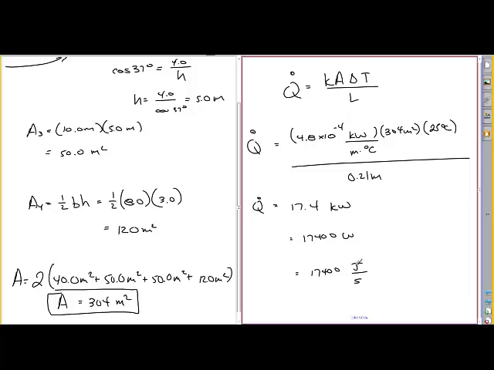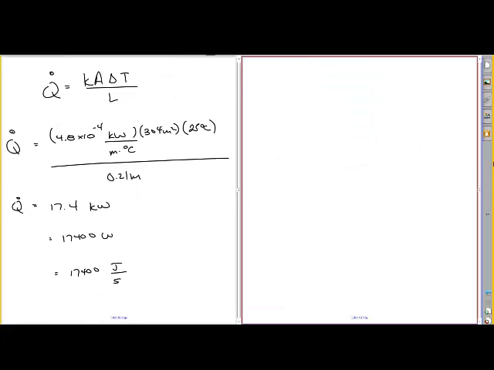Okay, now what we have is the furnace that's burning. And the furnace says, okay, you get 9,300 kilocalories per meter cubed, and asks how many cubic meters must be burned.